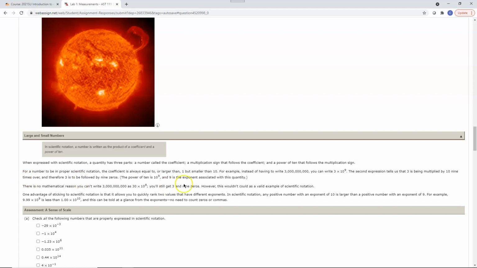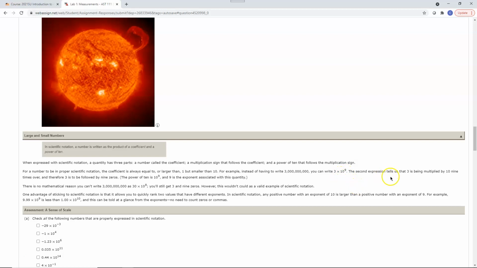For example, instead of having to write 3 billion, you write 3 times 10 to the 9th. Where the decimal point is right here, we go 1, 2, 3, 4, 5, 6, 7, 8, 9. That gives us our 10 to the 9th right there.